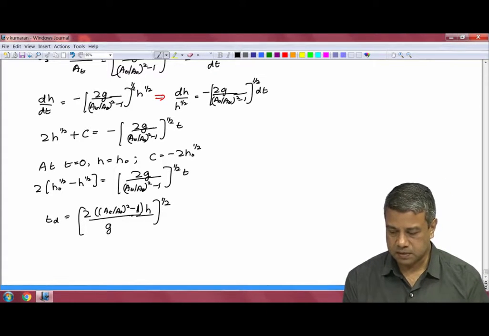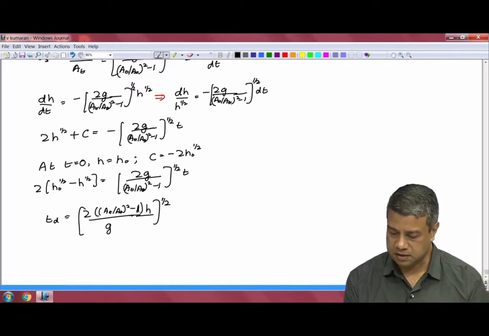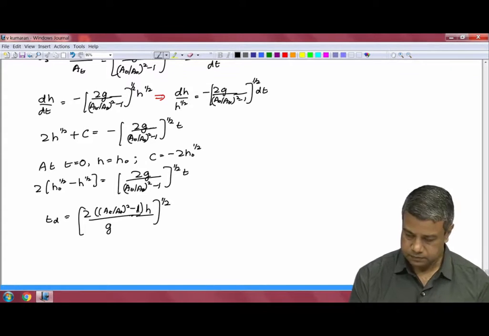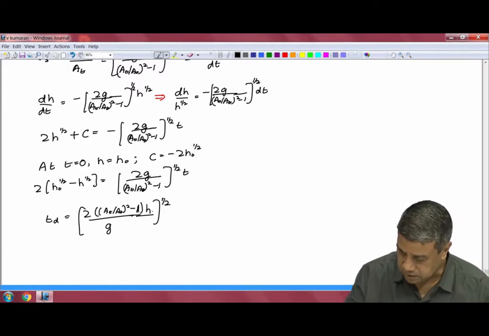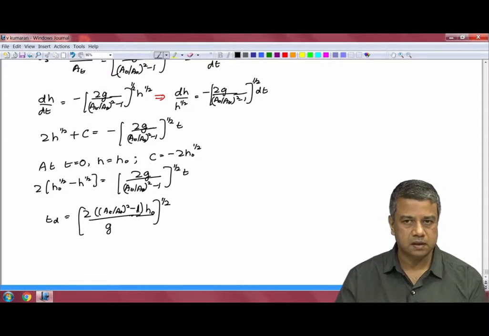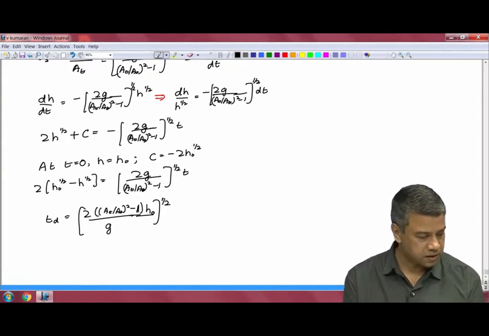I just set h equal to 0, t equal to td, and did some algebraic rearrangements, and this is what I get for the total time for discharge. I am sorry, this should be h naught here. I have set h equal to 0: the final height is 0, the initial height is h naught.